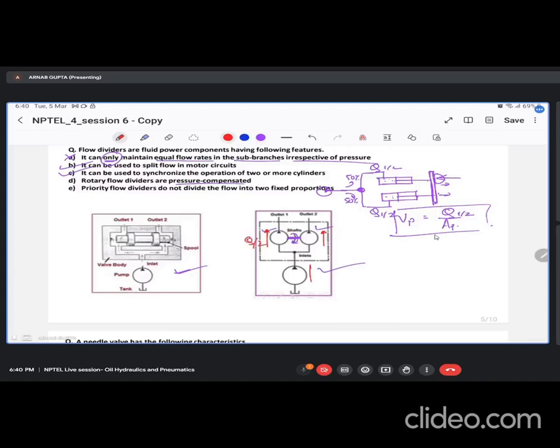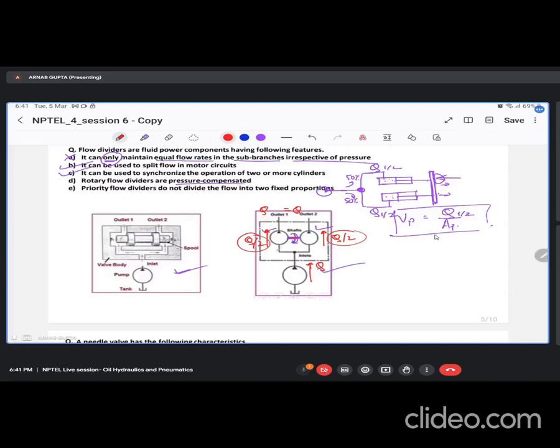Suppose Q is going in from here, they positively displace this much flow through the pump. So outlet 1 and outlet 2 have the same flow rate, since the shaft is rotating at the same speed. Whatever the load, whatever the delta P across this pump, it doesn't matter.